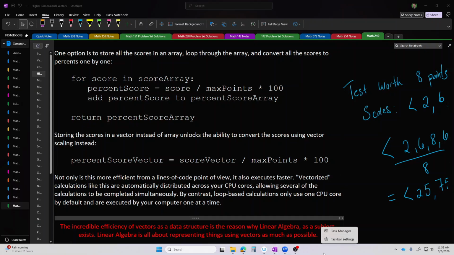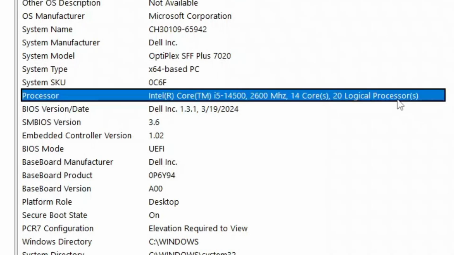So if you're on a computer like mine, where my work computer evidently has 14 cores, vectorizing your calculation allows you to split those calculations and distribute them among the 14 cores instead of loading all of your calculation onto a single core and losing a lot of efficiency by doing that.